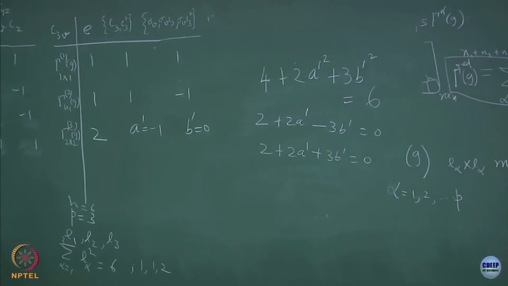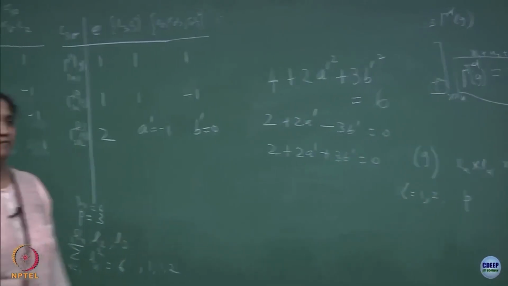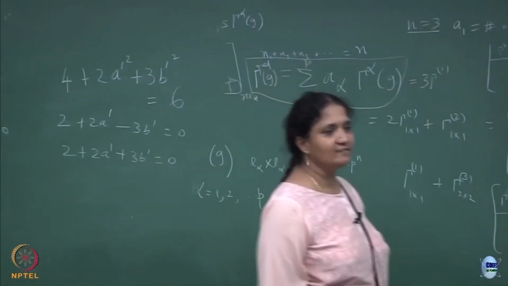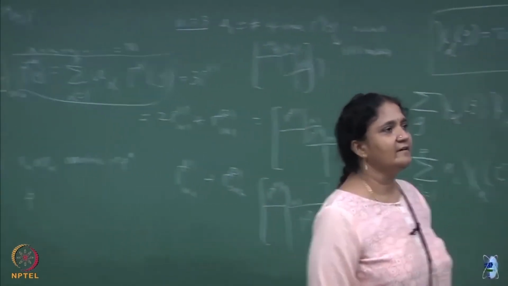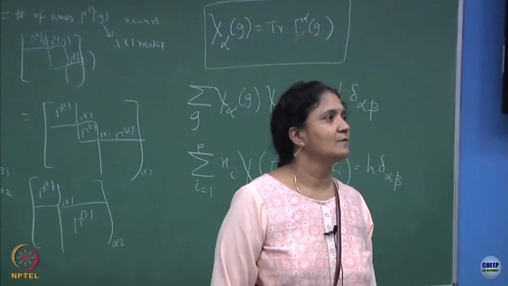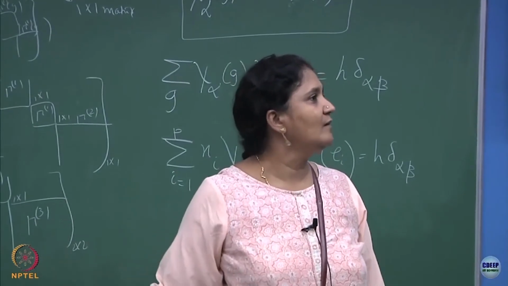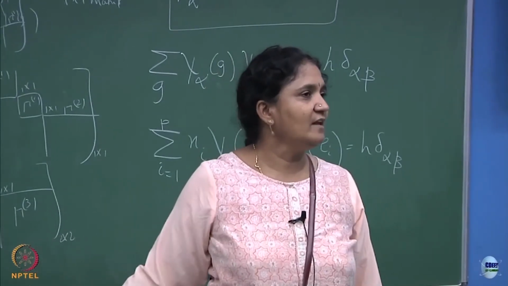There will not be ambiguity, even though I do not know how to prove it, but case by case when I take the discrete groups, I will find that the character table is unique. Whatever I have written today is the character table for C2V, which is an abelian group.